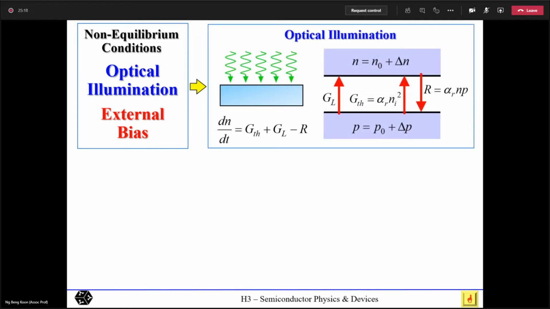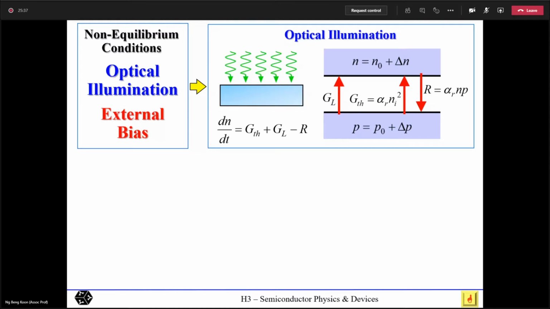In regards to the first non-equilibrium condition, shining light on the semiconductor, here we are talking about shining light uniformly on a semiconductor material. That means you illuminate every part of the semiconductor with the same light intensity.